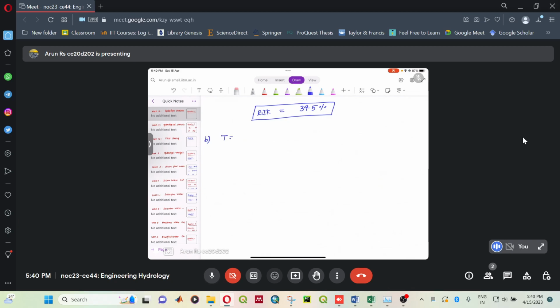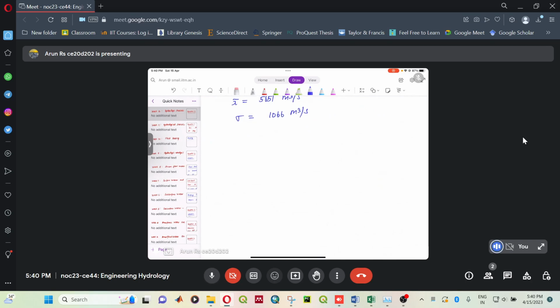The design flood corresponds to a return period of 80 years, and we can assume that it follows Gumbel distribution. The mean is given as 5651 meter cube per second, and the standard deviation is given as 1066 meter cube per second.